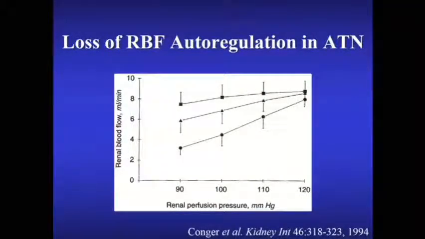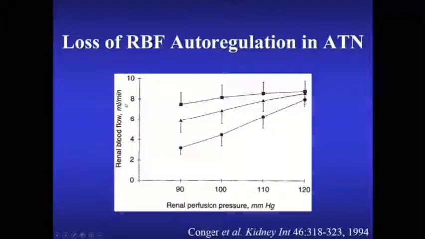That's just going to lead into another topic here, and this is sort of a justification for why we do continuous dialysis in patients, particularly, exclusively those in the intensive care unit. And that's this notion that renal blood flow autoregulation is lost in the setting of acute tubular necrosis. And so these are, I think, rat models where the upper curve here represents what normal autoregulation looks like.